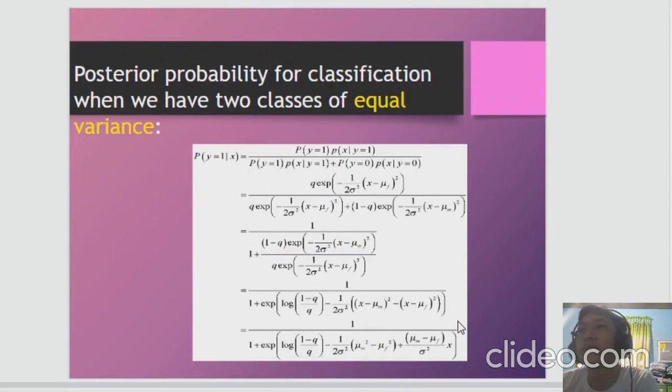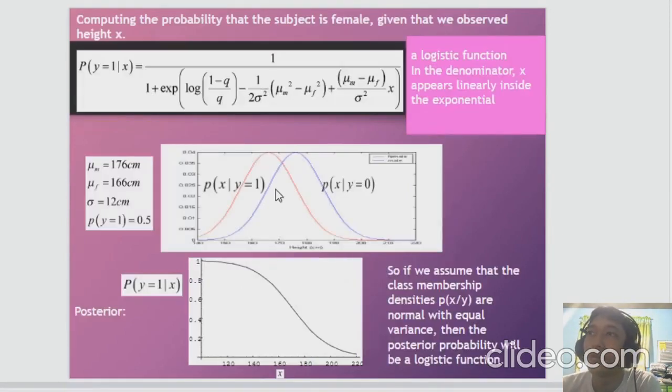Posterior probability for classification when we have two classes of equal variance. This is the example. Computing the probability that the subject is female given that we observe height x.